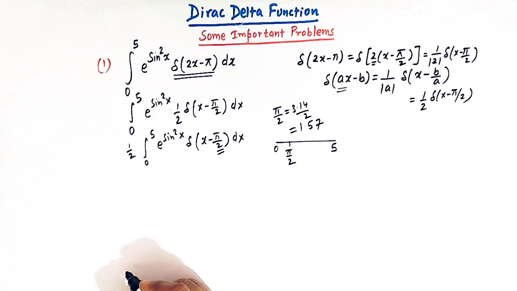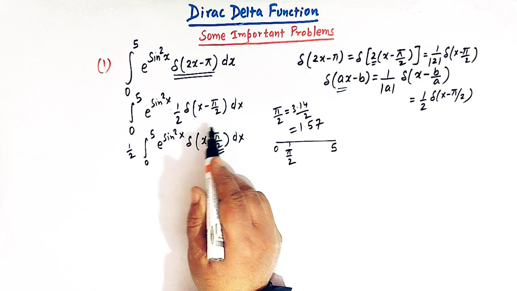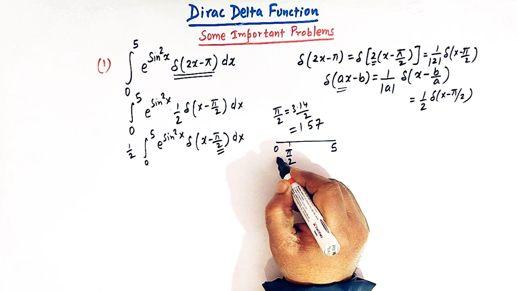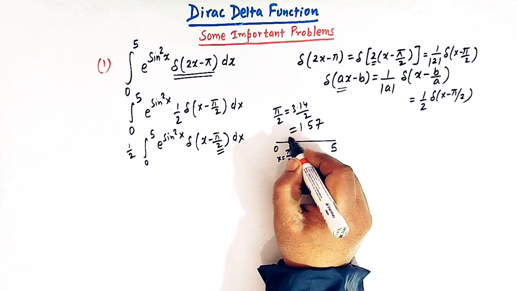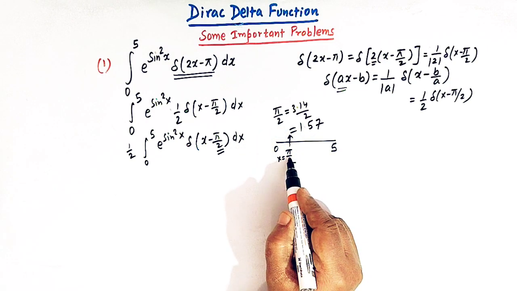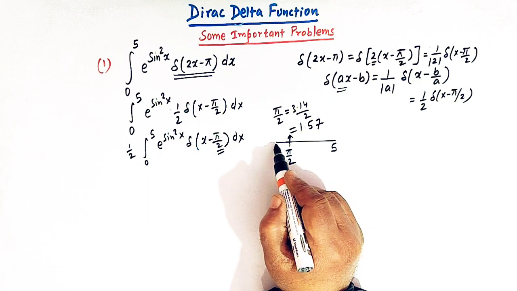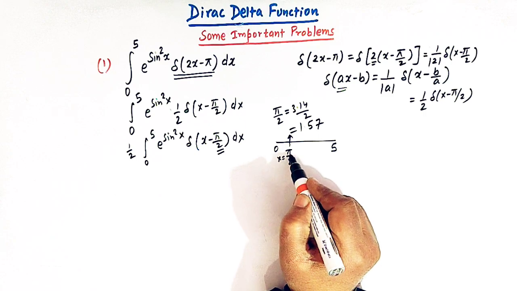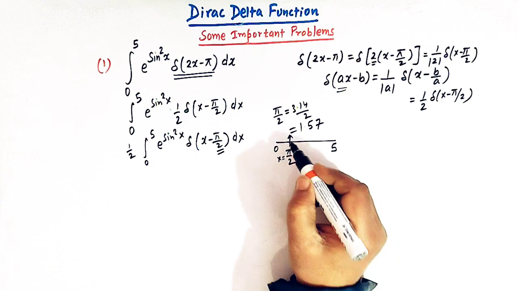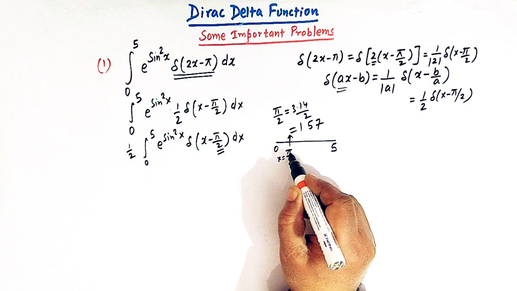Now according to the definition of the Dirac delta function, the delta function takes the value only at this point, that is x is equal to pi by 2, right? So the spike exists only at this point, x equal to pi by 2, and for all other points except x equal to pi by 2, the delta function is 0, right? So we have the value of the delta function at only this point.